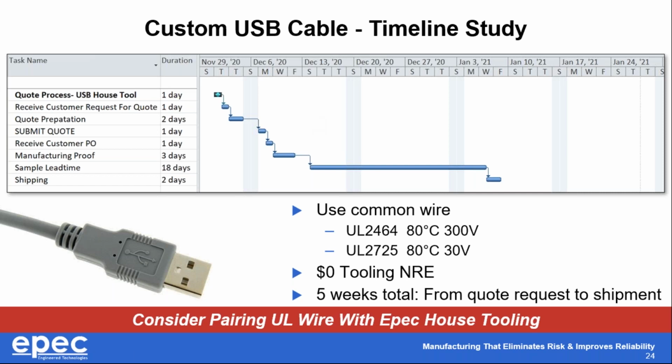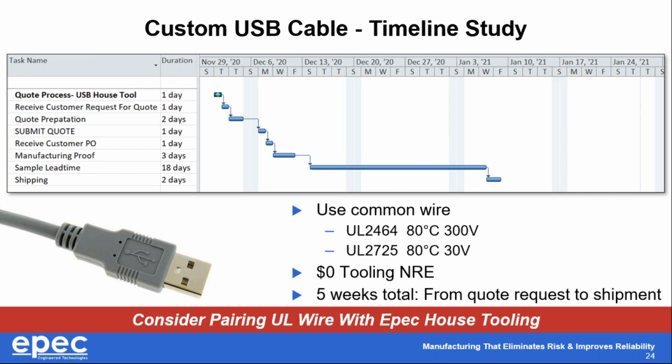Here's a very brief, high-level summary of a typical timeline bringing a custom USB cable to market. This is riddled with assumptions. We need to use a common wire that's readily available. We have both UL2464 and UL2725 wire readily available at our facility in Asia.